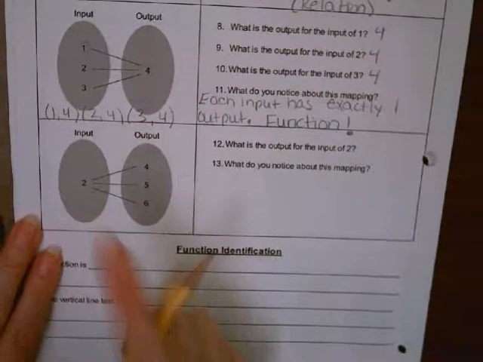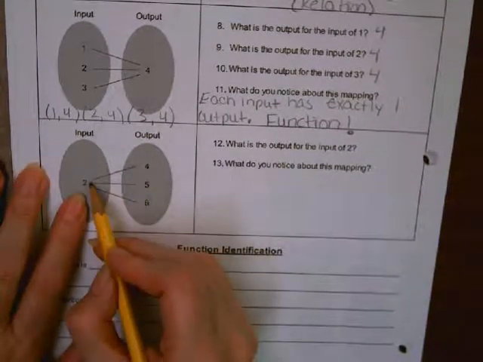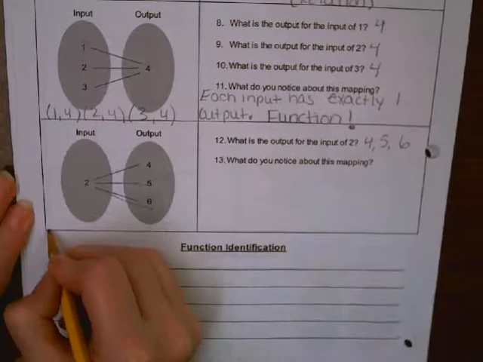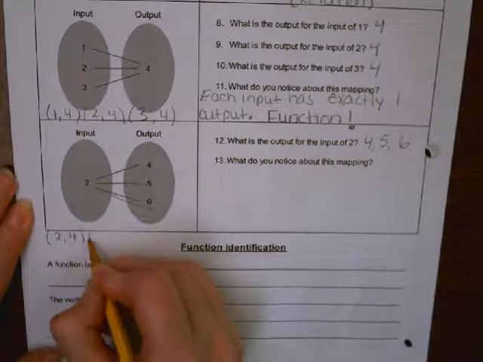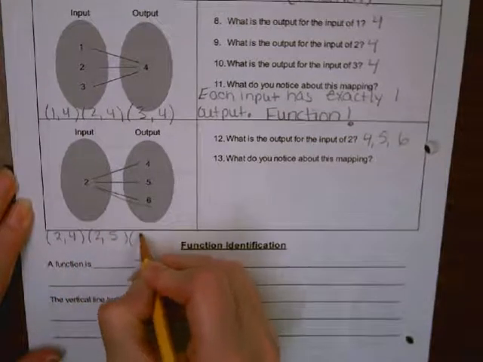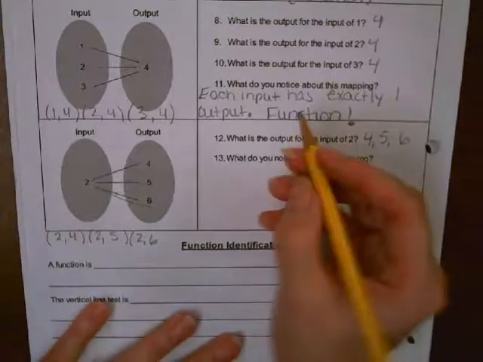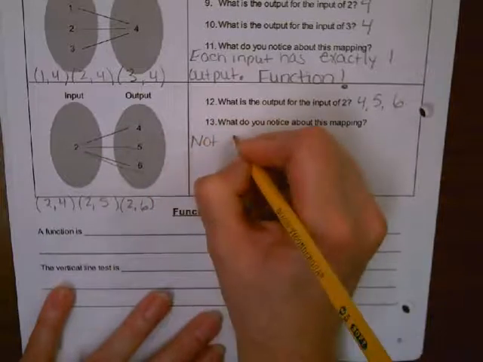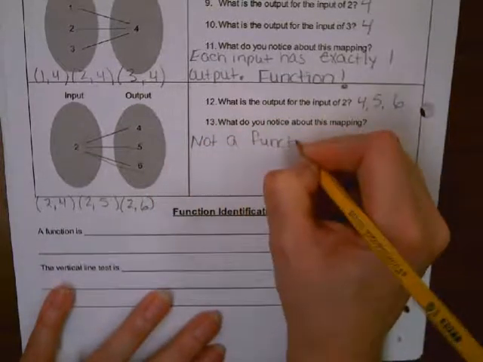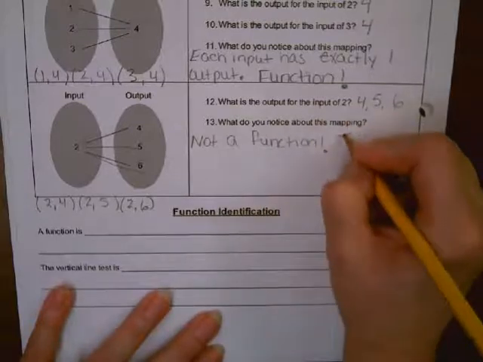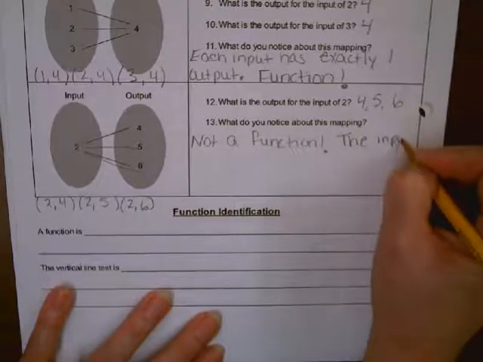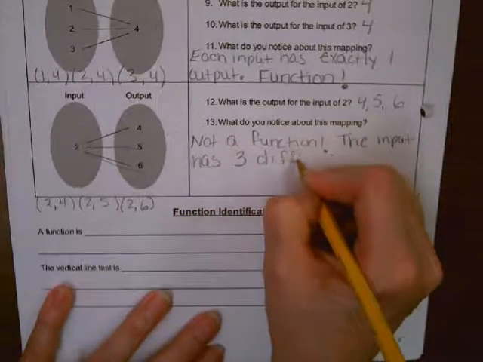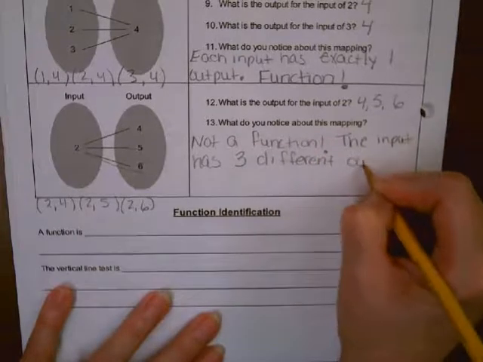Take a look down here. Number 2 is paired up with a 4, a 5, and a 6. So this looks like 2, 4, 2, 5, 2, 6. Okay, what do you think about this one? Not a function. The input has 3 different outputs.